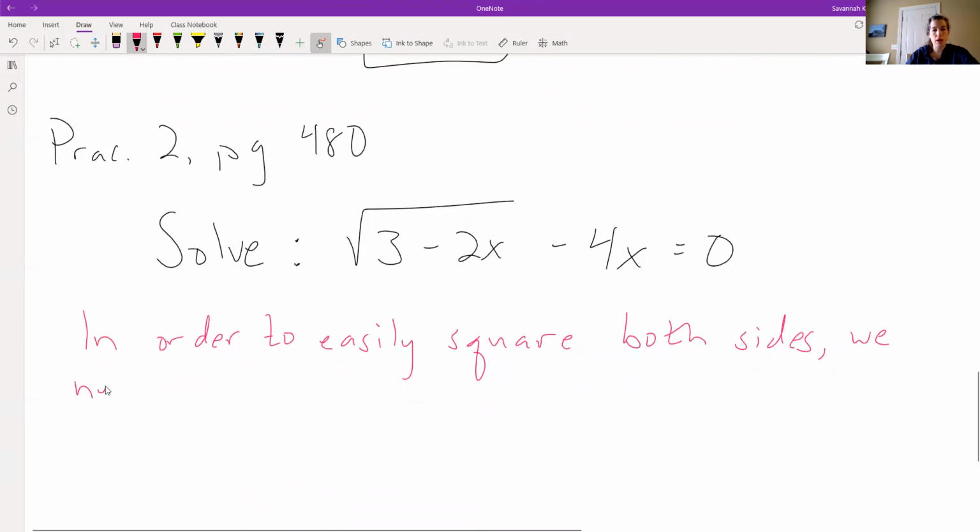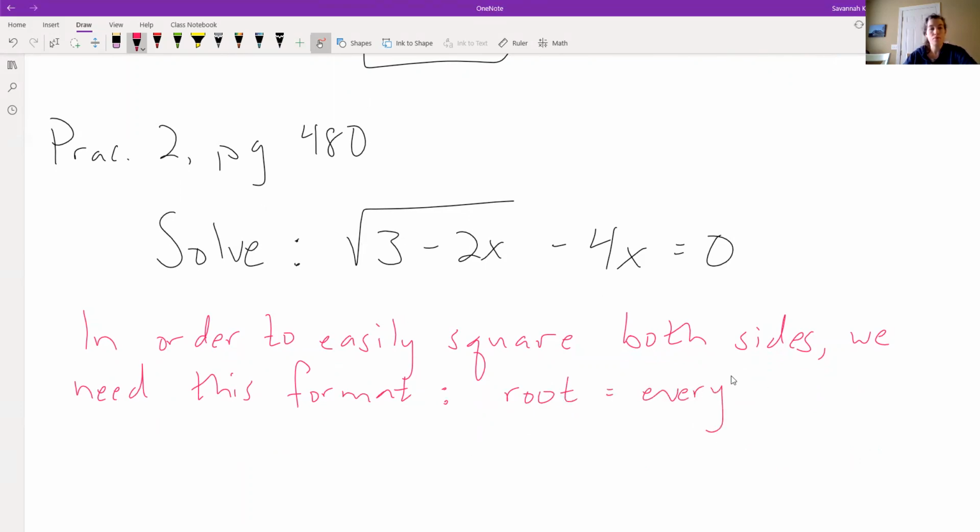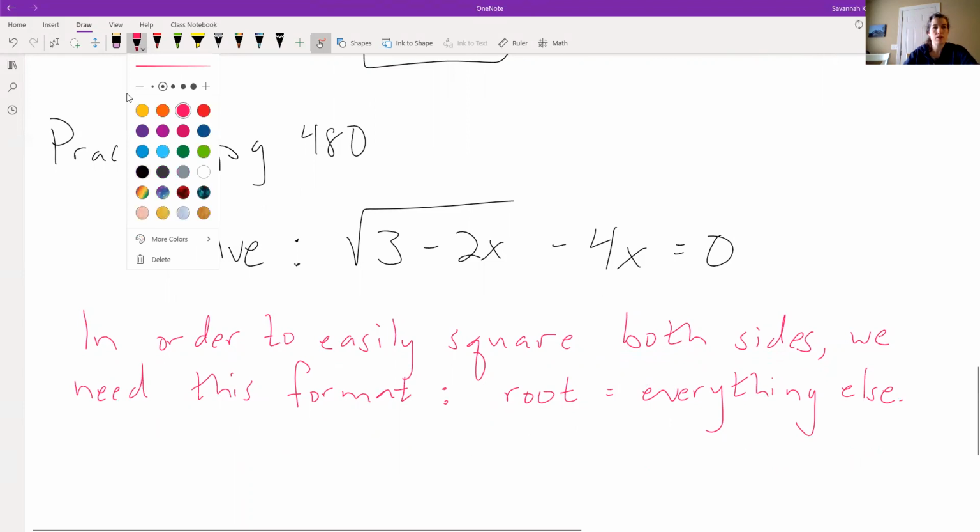So here's the format that we need. Okay, go ahead. So we need the root on one side and then we need everything else.